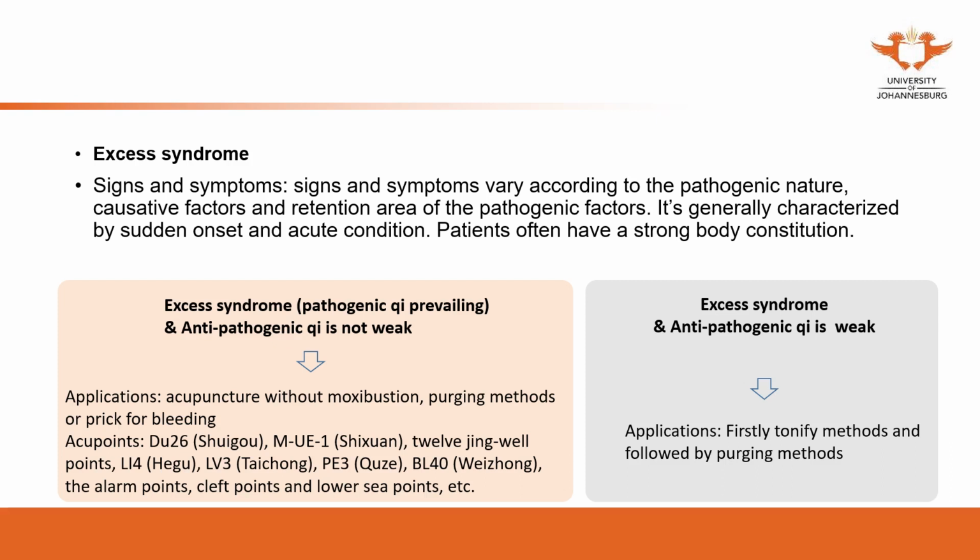However, in the other situation, excess syndrome while the antipathogenic qi is weak, in some situations we need to tonify first, and then purge, which means you reinforce the antipathogenic qi first, followed by reducing. So in this situation, we can use moxibustion first, or the needling technique with reinforcing techniques.